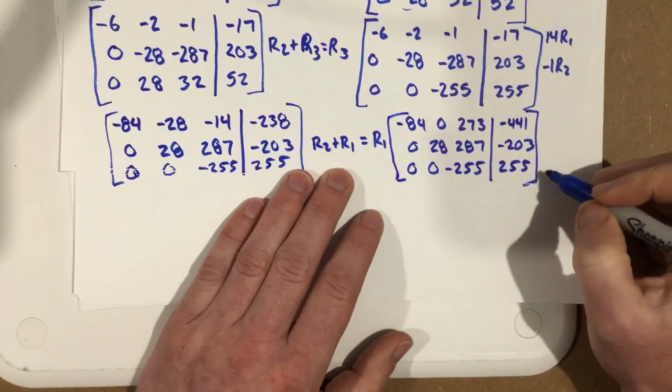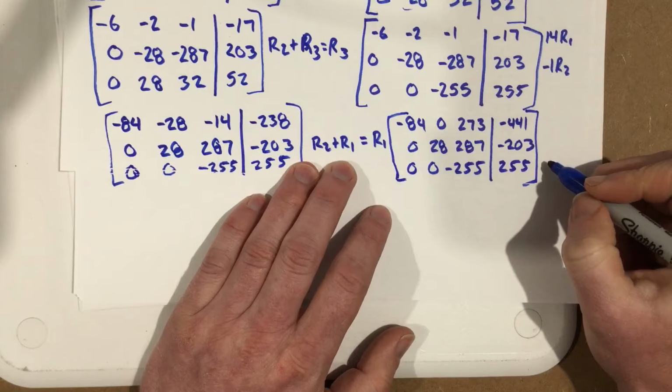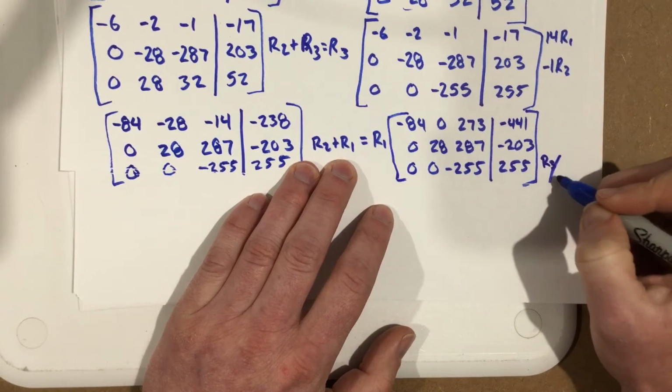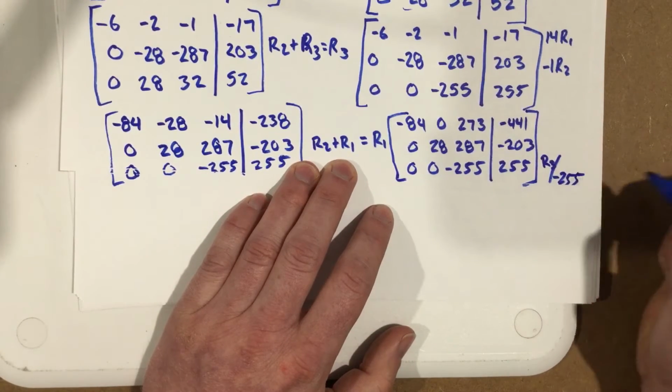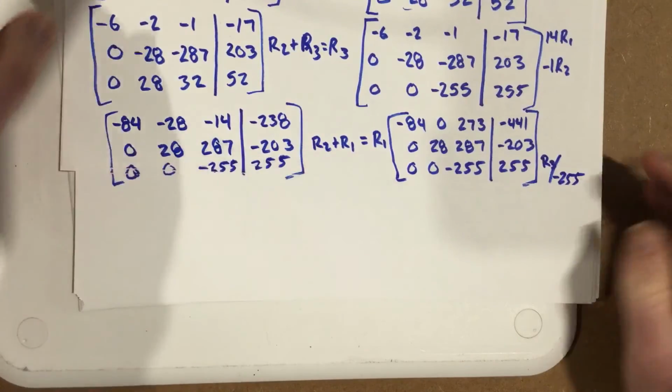So I'm going to divide row 3 by negative 255.